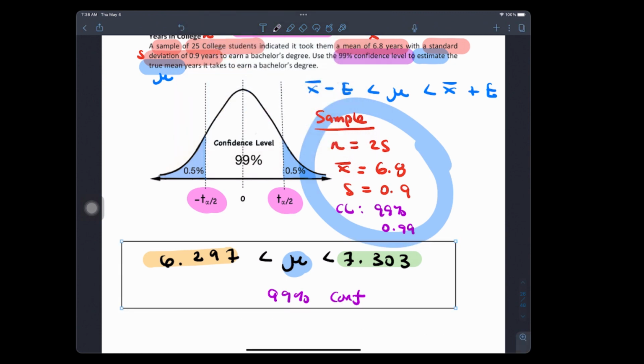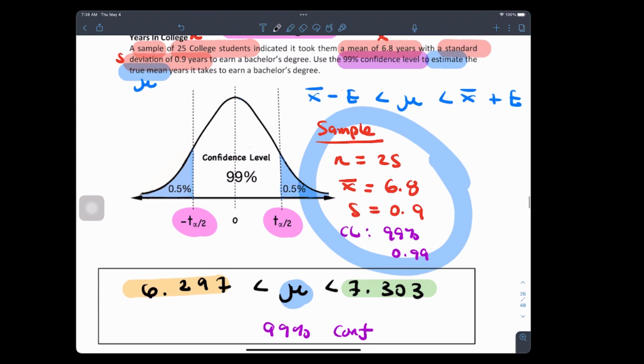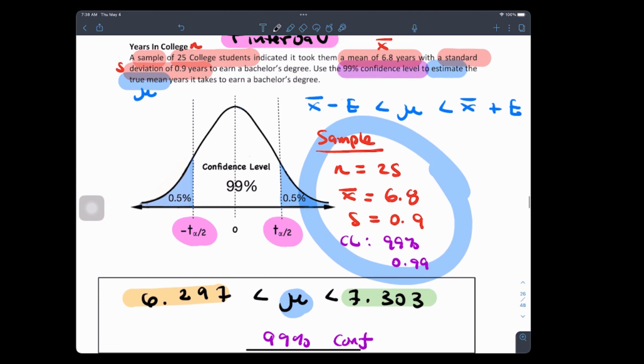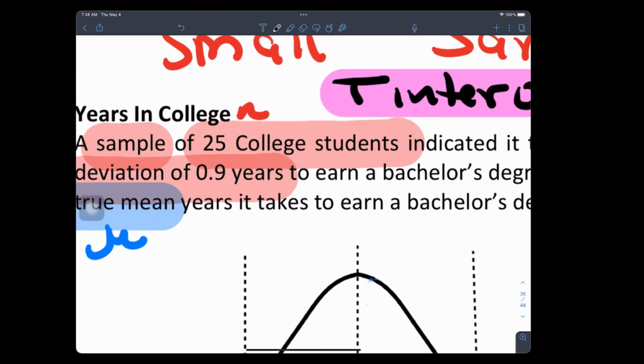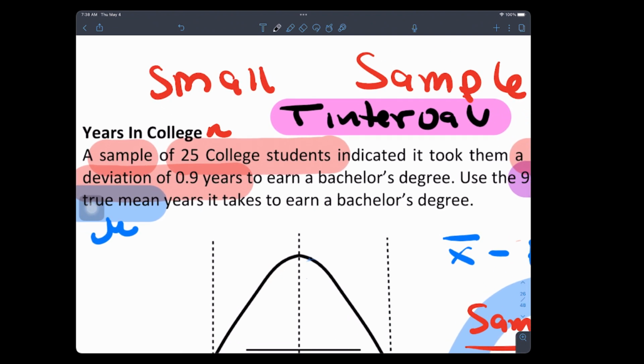Based on a small sample, because sometimes you got no choice, the mean length of time it takes college students to get a 4-year degree is between 6.297 years and 7.303 years, based on this very small sample. T interval, ladies and gentlemen, estimating the mean for a small sample. Easy peasy, lemon squeezy.